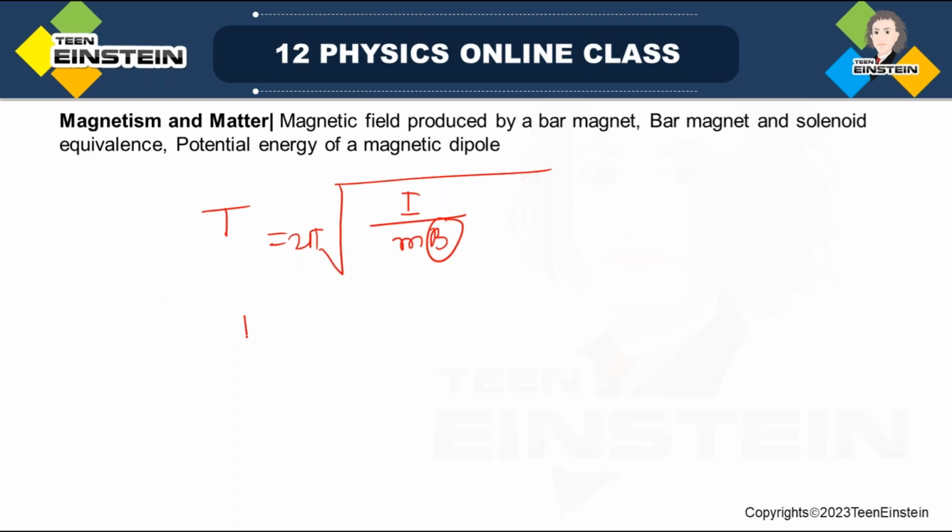So experimentally we can find out the magnetic field produced by a bar magnet using the time period of oscillation of a compass needle. So look here, we'll get T square by 4 pi square into I, and this will be into mB.